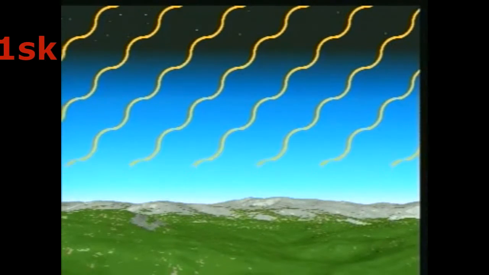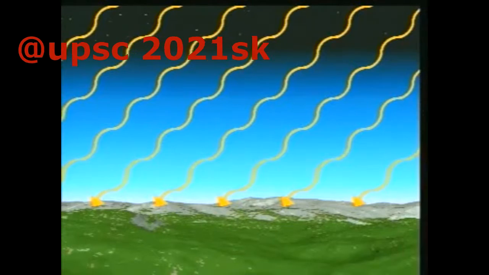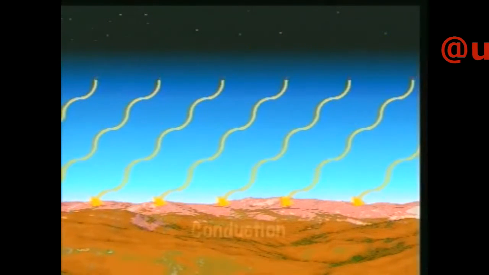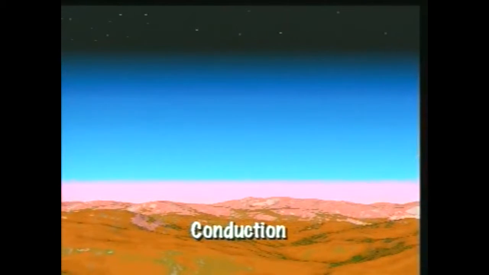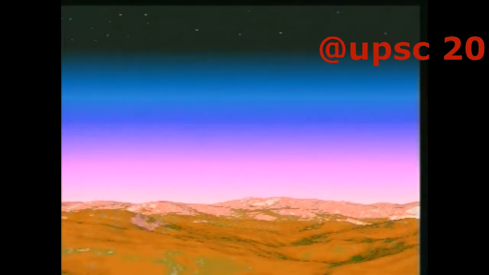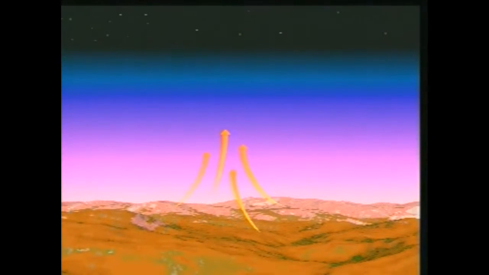As well as radiation, the air nearest to the warm surface is heated by physical contact. So, our atmosphere tends to be hotter near the ground. The warm air then rises and warms the atmosphere by convection.